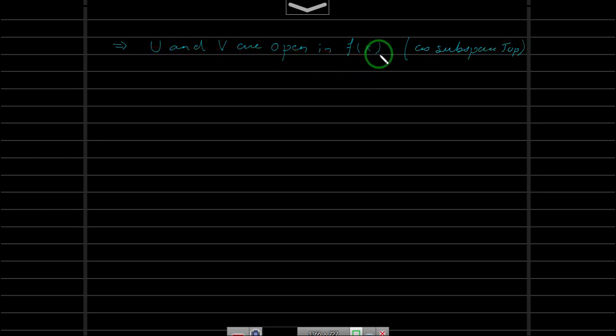Now since U and V are open in f(X), there exist two open sets in the whole space Y, say G and H in Y, such that we can write U as G intersection the subspace f(X), and V as H intersection the subspace f(X). This is by the definition of open set in a subspace.